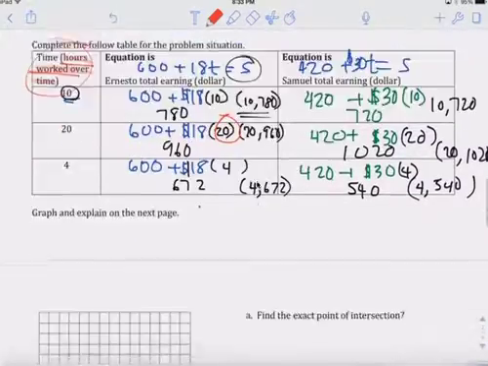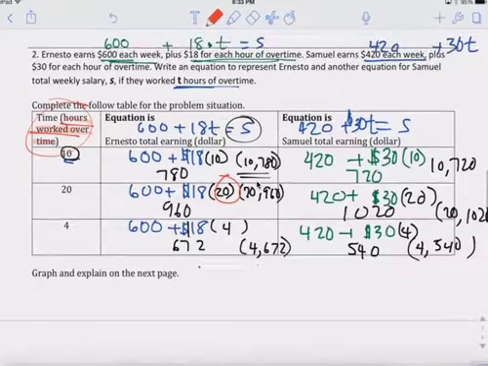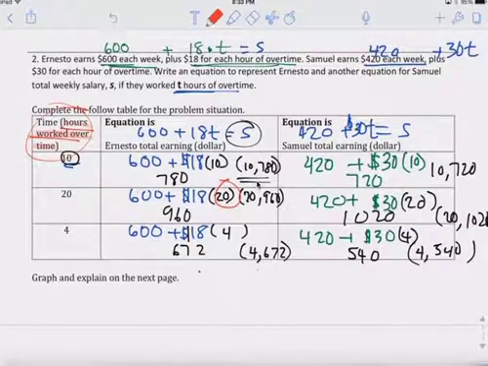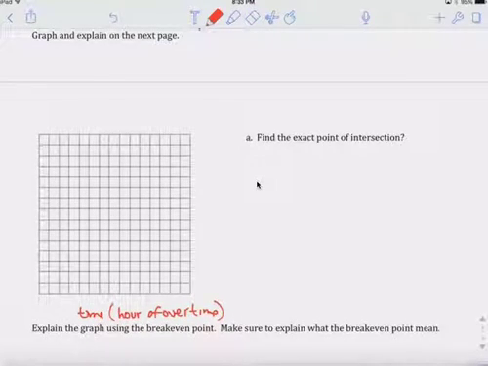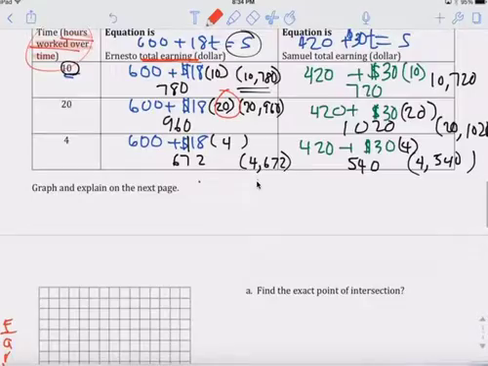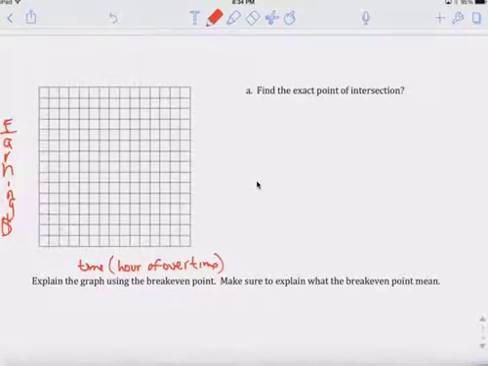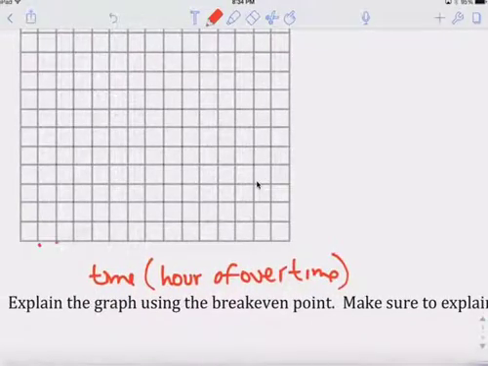That's the independent variable. The dependent variable is the total earning. We'll just put earning here in dollars. The largest hour of overtime is 20. So is that 20 here? 1, 2, 3, 4, 5, 6, 7, 8, 9, 10.